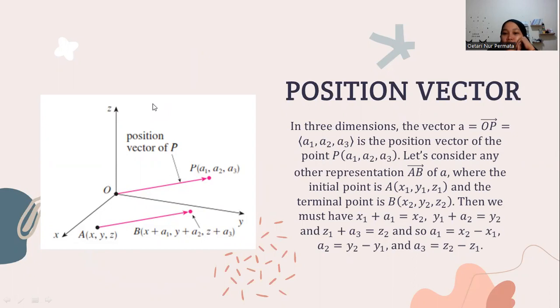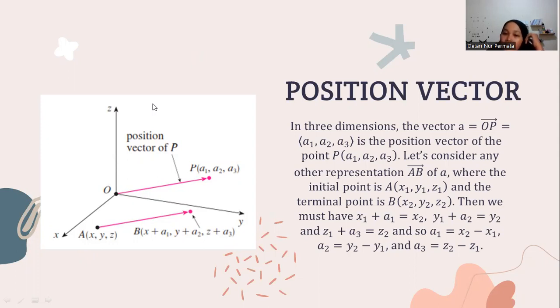Let's consider any other representation, vector AB of a, where the initial point is A(x1, y1, z1) and the terminal point is B(x2, y2, z2).